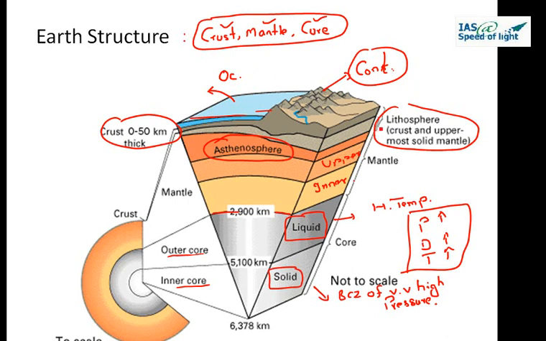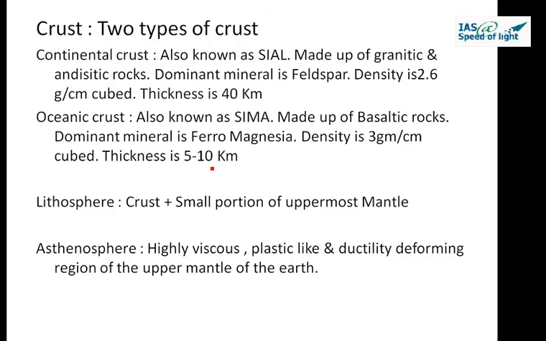So continental plate and oceanic plate. So two types of crust we have: oceanic crust and the continental crust. So continental crust over which we have continents, and oceanic crust over which we have oceans. Continental crust is also known as Sial. Sial is nothing but silicon and aluminium.